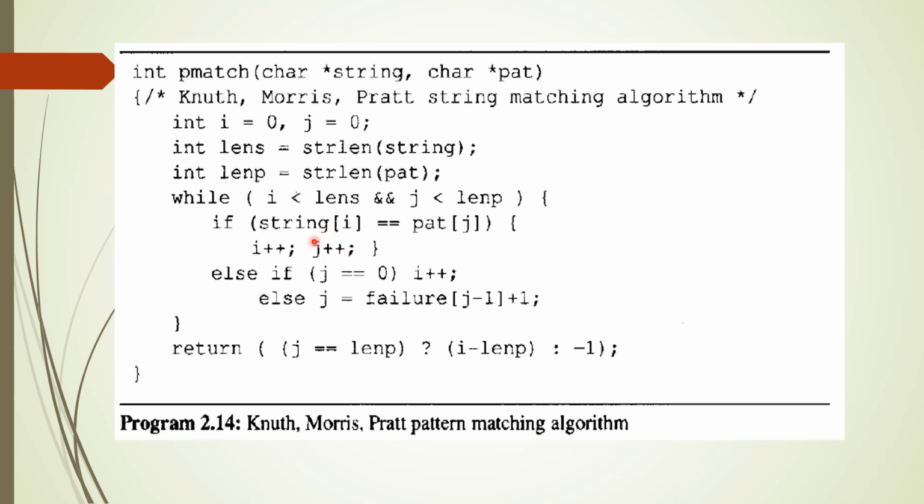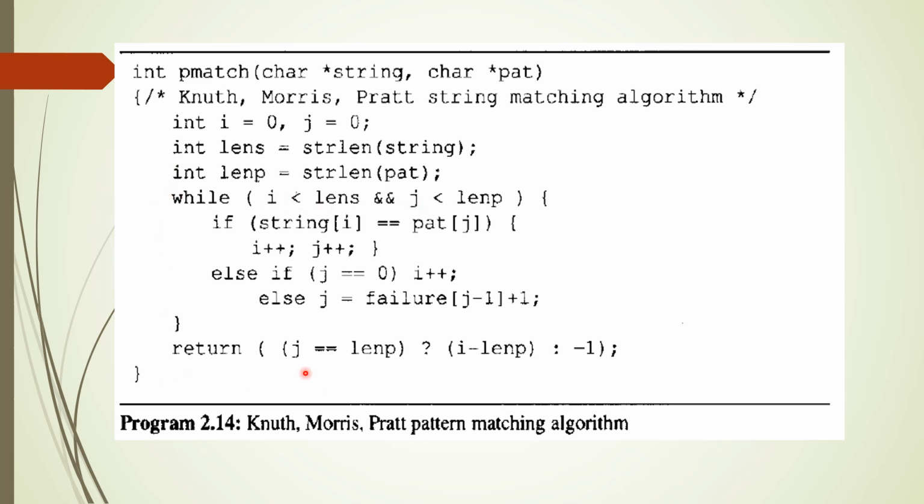So if the string matches the pattern, increment i and j and go to the next character. If there is a mismatch, check whether j is equal to 0, increment the value of i, and the shifting of the pattern is decided by obtaining a value from the failure function. So shift the pattern against the text and again start from the beginning.